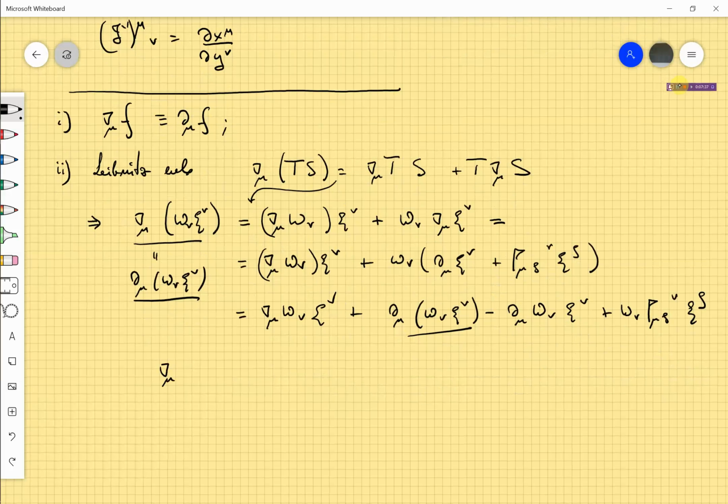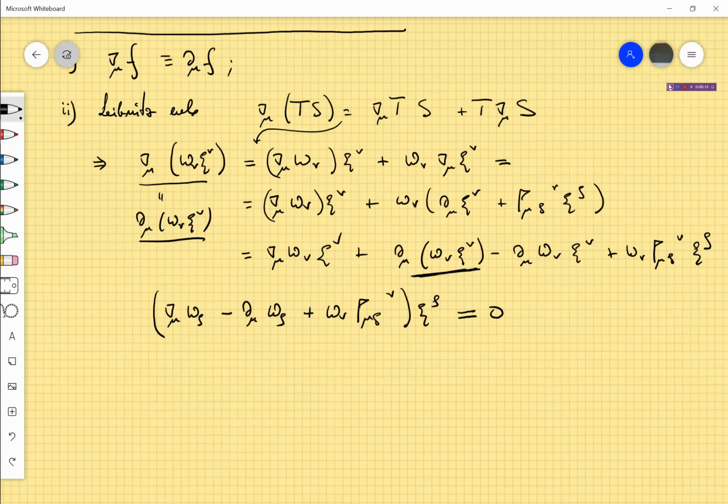So I have the mu omega nu minus partial mu omega nu plus omega nu gamma mu rho nu, and I have to do something in order to write psi as a common factor. So I change this index by rho, and the other terms, the terms which are different from psi, should be 0.